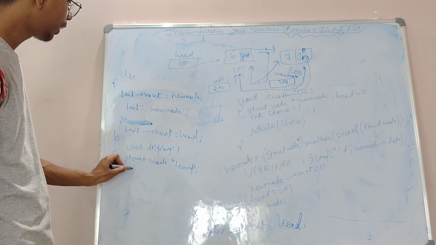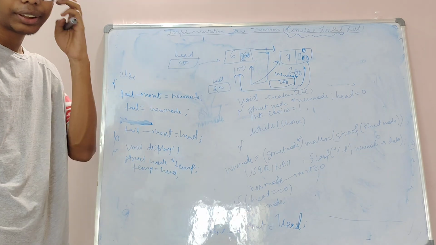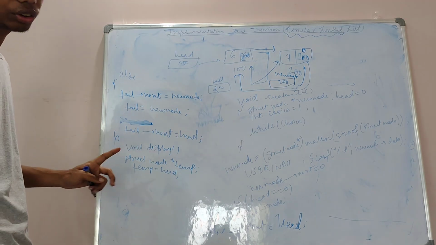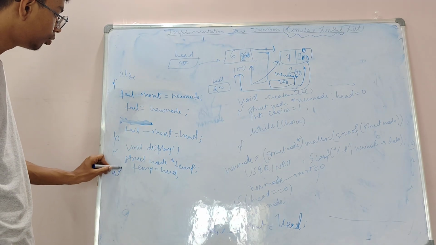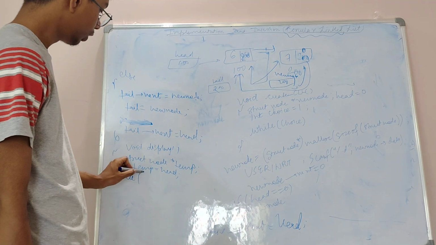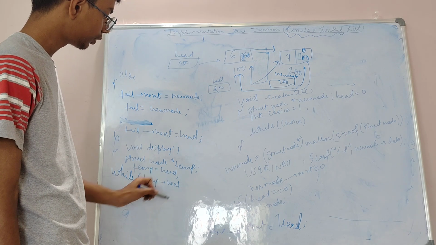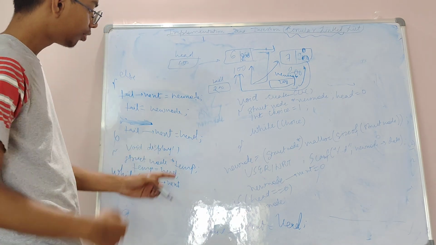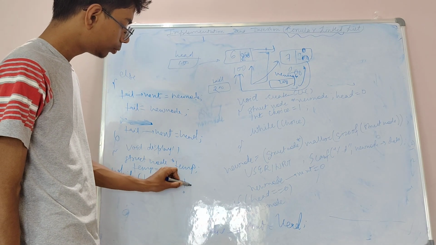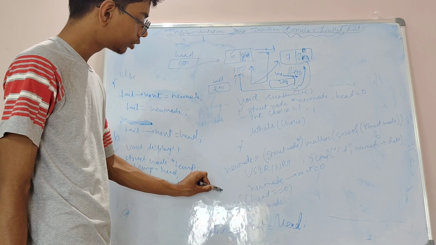I write temp is equal to head. How will I print? While temp of next is not equal to head, or tail of next.